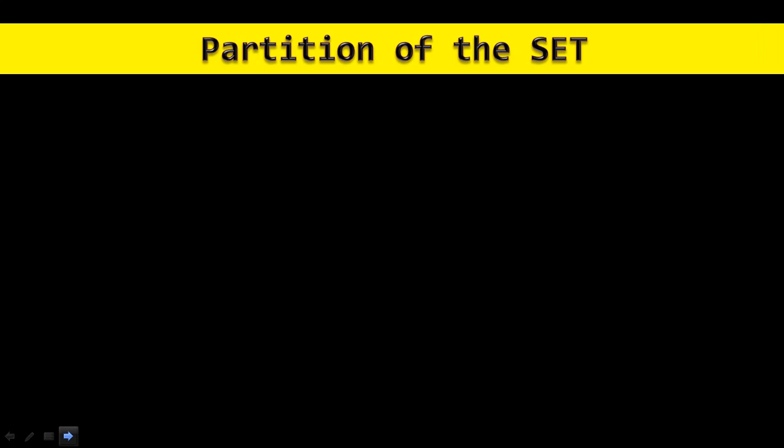Now what is the meaning of partition of the set? Suppose first set is there, let us say 1 2 3. Suppose this one is the first set, and what about second set? Suppose the elements are 3 4 and 5.